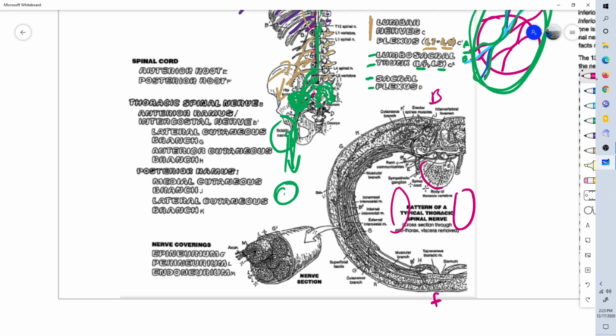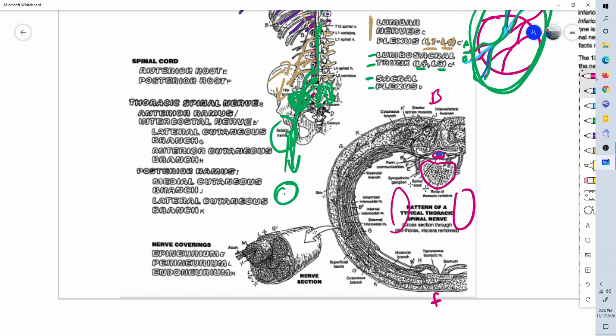This is a vertebra right here. This is the body of the vertebrae. And the spinal cord is right here. So here is the posterior horn of the spinal cord. Here's the anterior horn right here.